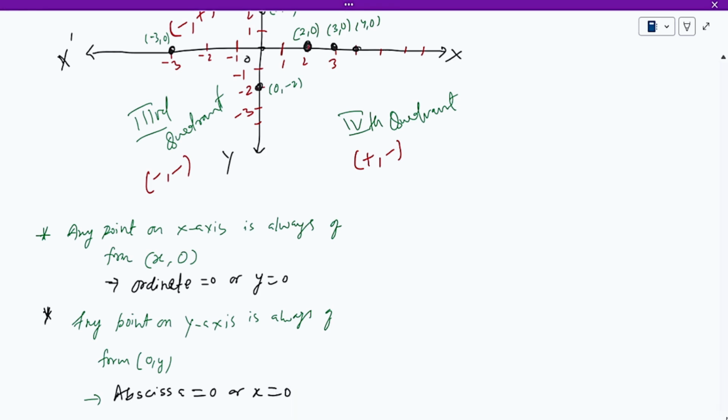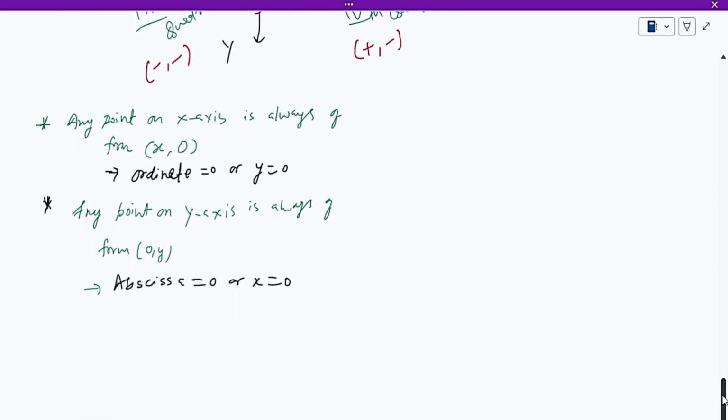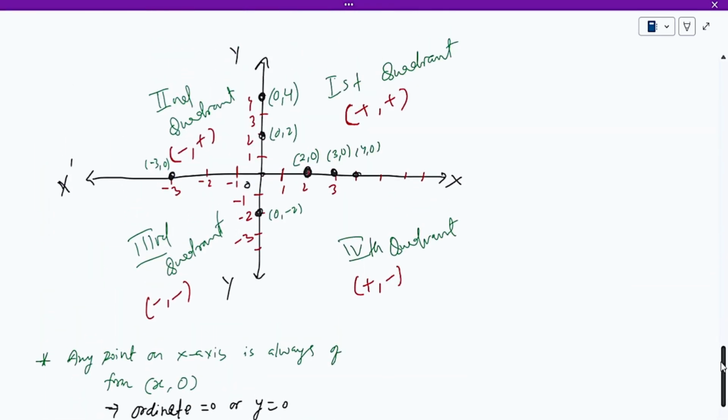So now let's talk about the equation of the x-axis and the y-axis. We have discussed that for any point on the x-axis, we get the y coordinate 0, right? Now, an axis is nothing but a line. A line is made up of points, right?